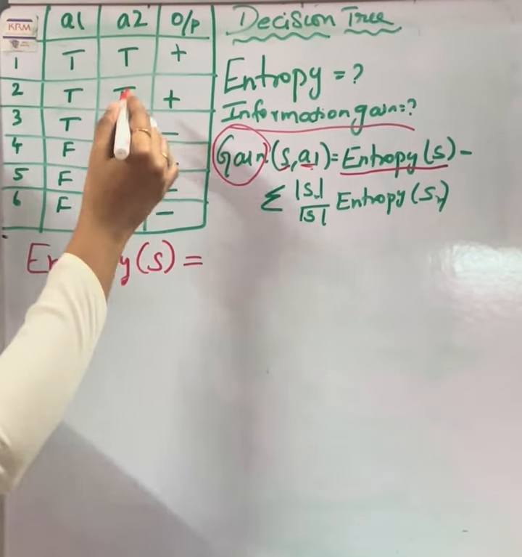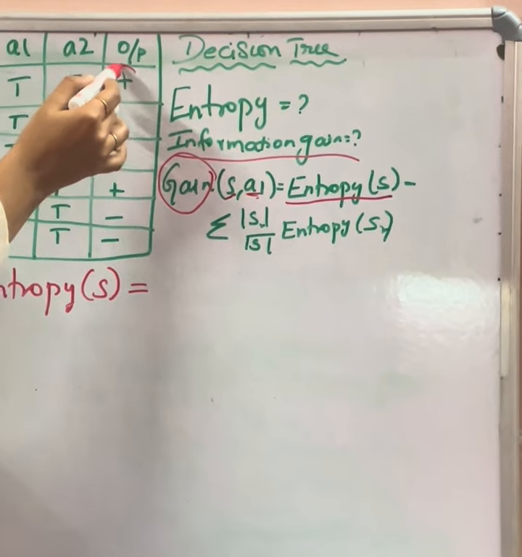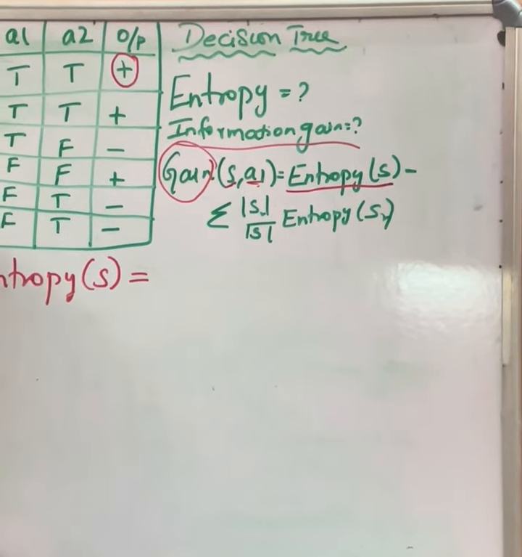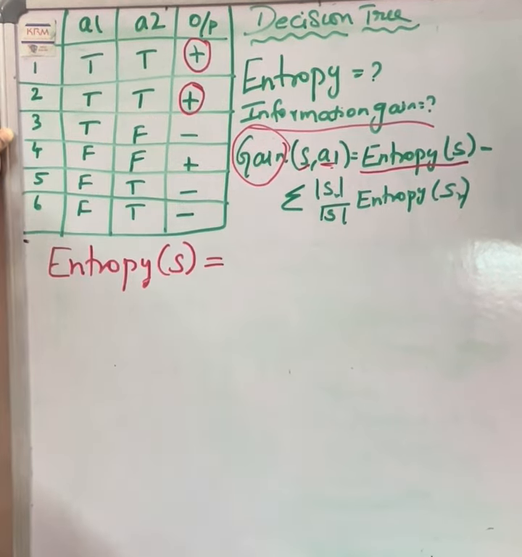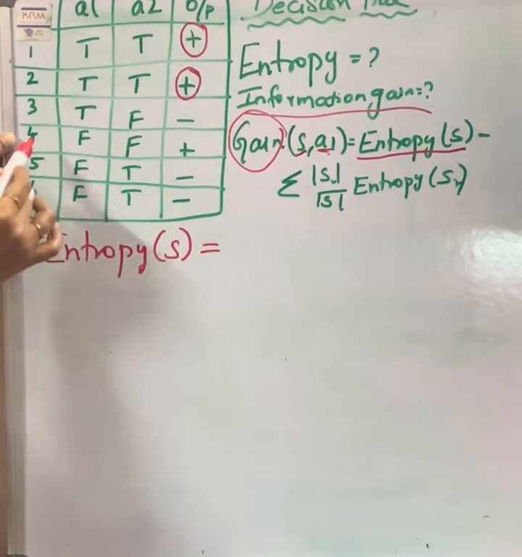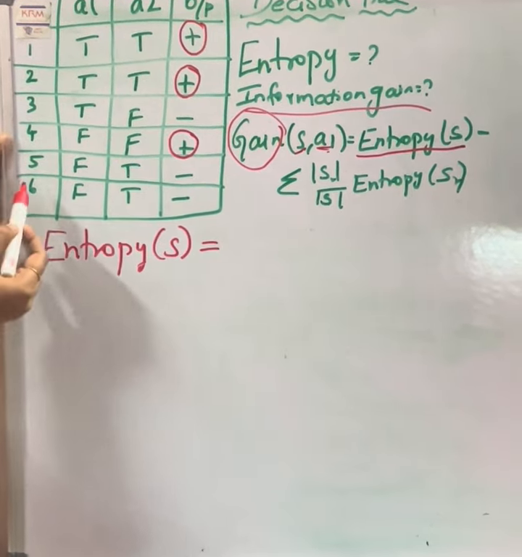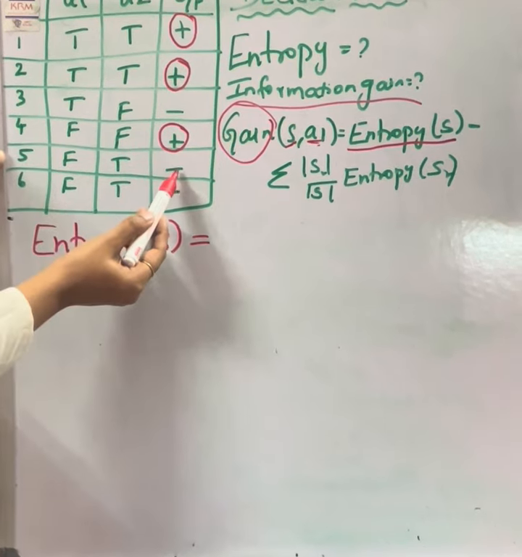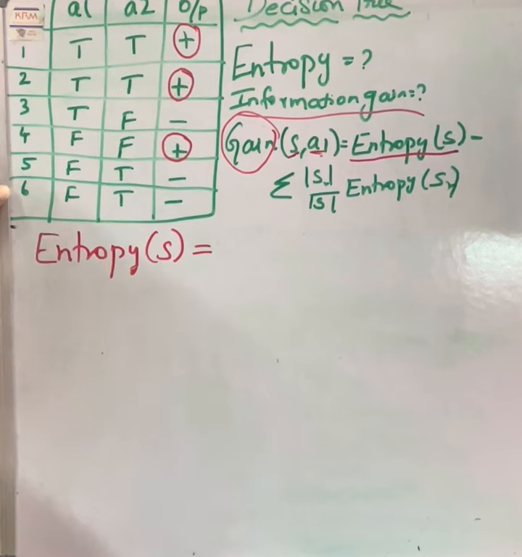According to the given sample, instance 1 is positively contributing for the outcome, instance 2 is positively contributing, instance 3 is negatively contributing, instance 4 is positively contributing, instance 5 is negatively contributing, and instance 6 is negatively contributing.